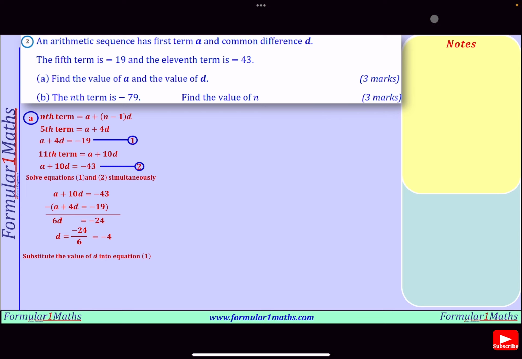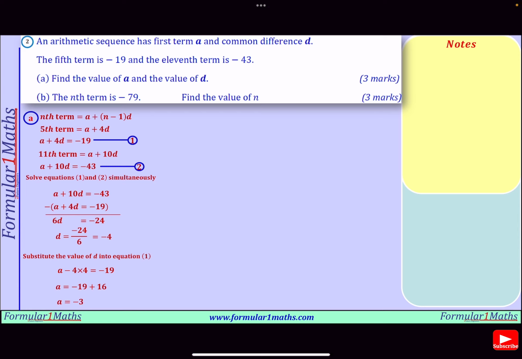To find the value of a, I will substitute the value of d, which is minus 4, into the first equation. So I'll get a minus 4 times 4 is equal to minus 19. Then rearranging will give a is equal to minus 19 plus 16, and solving will give a is equal to minus 3.